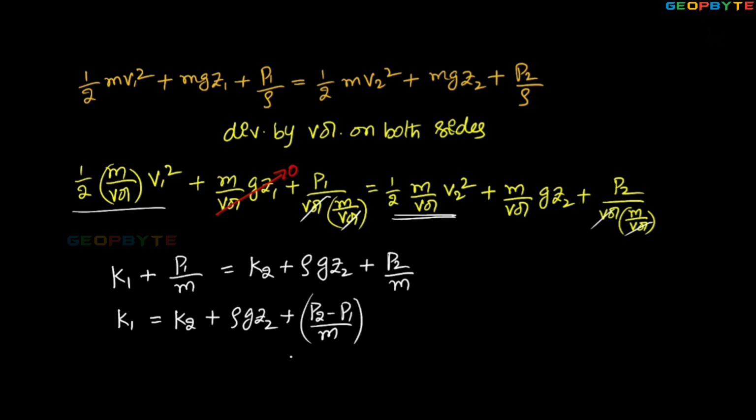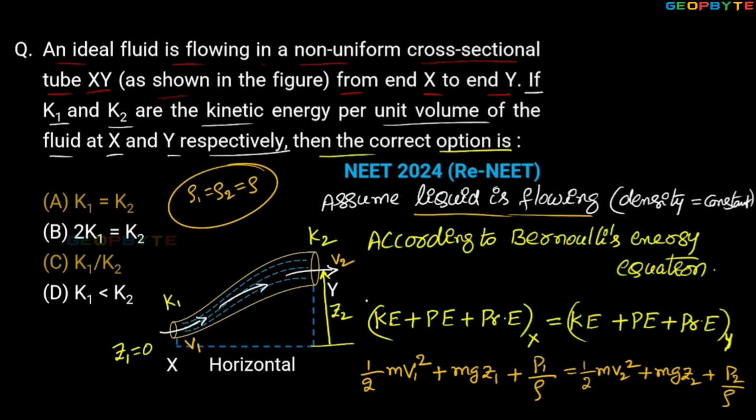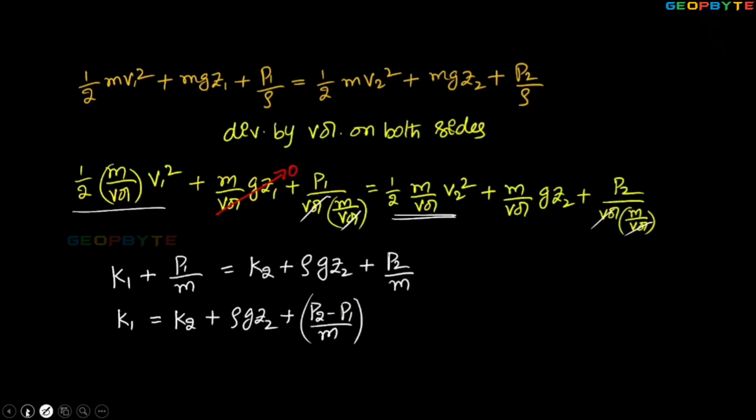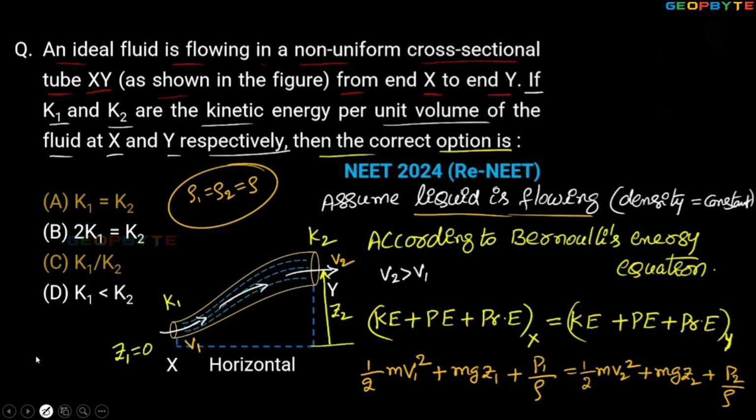Now from this, generally, P1 is almost equal to P2, the P2 is slightly more. Anyhow, by the time the liquid is flowing, velocity is changing. Velocity is decreasing because of the continuity equation.